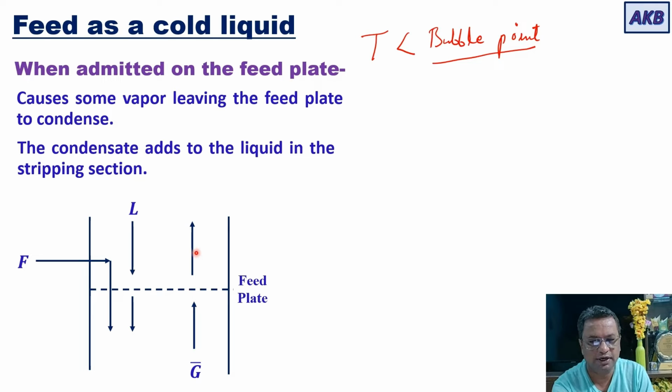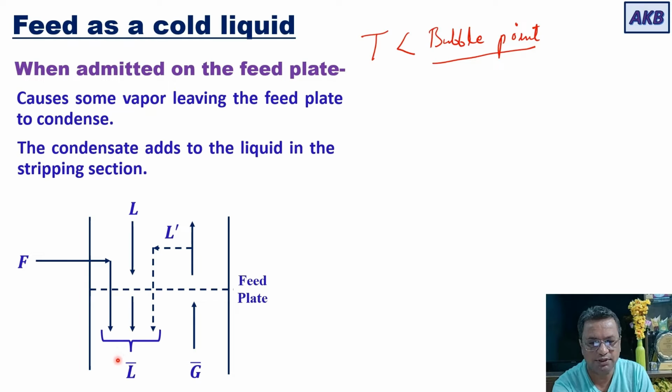This vapor will be rising from the feed plate, and due to the low temperature of the feed, some of the vapors will get condensed, and then the resulting condensate will add to the liquid in the stripping section. So this is L dash. Let us say that L dash is the liquid that is obtained due to condensation.